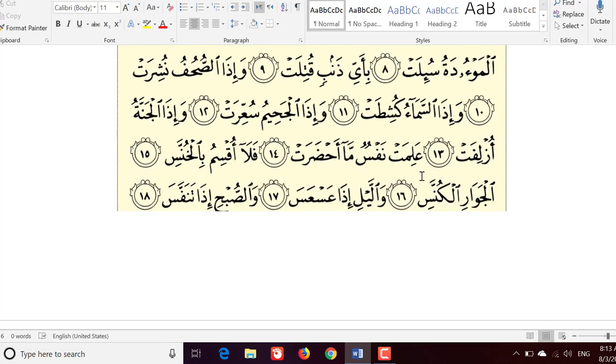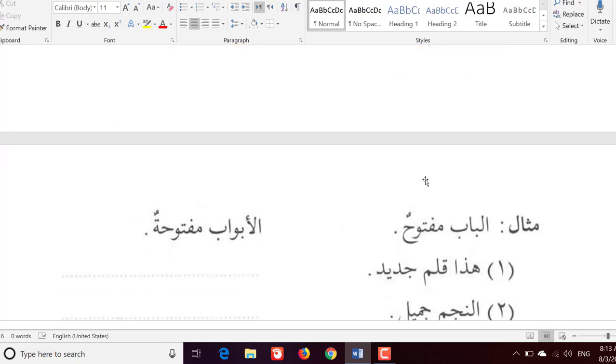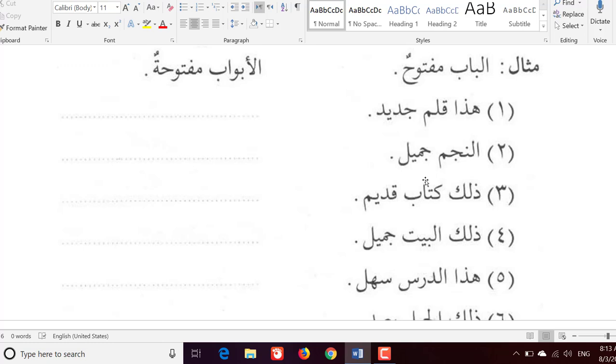The last exercise that we'll do here, we're looking at predicates as singular words, and also we're looking at adjectives that, when we change them to feminine plural, must agree.